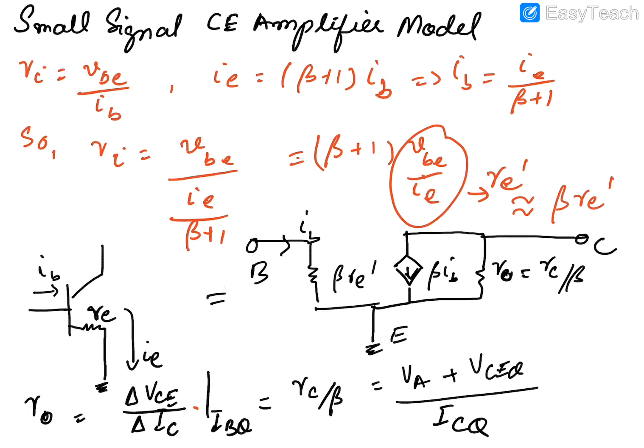As the output current is beta times greater in case of common emitter amplifier, we can also say that the output resistance is beta times less than in the common base case, because when the current is increasing, the resistance is decreasing. So if IC is beta times greater than IB, the output resistance should be beta times less.